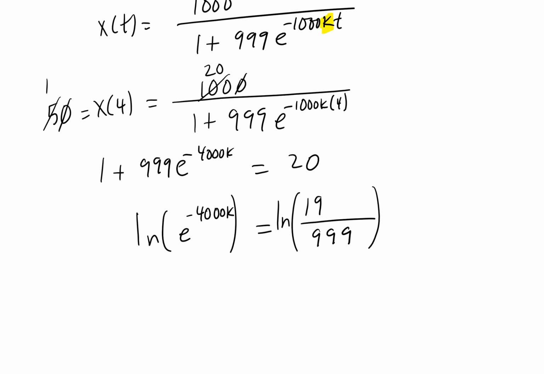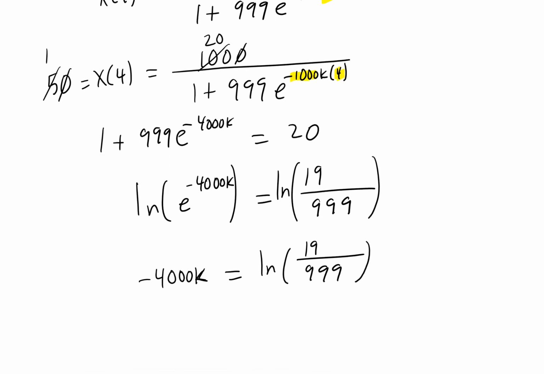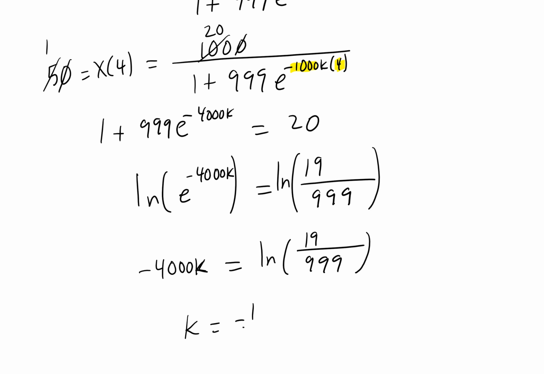Do you see it? Yeah, 1000, sorry, my bad. So now we can bring the negative 4000k down. Natural log of e is 1. And then natural log of 19 over 999. Then k equals negative 1 over 4000 natural log of 19 over 999.